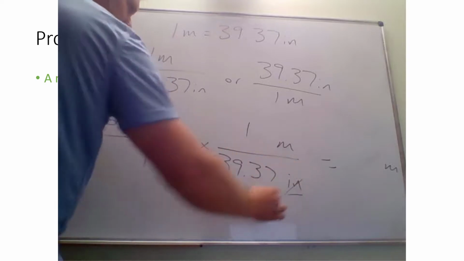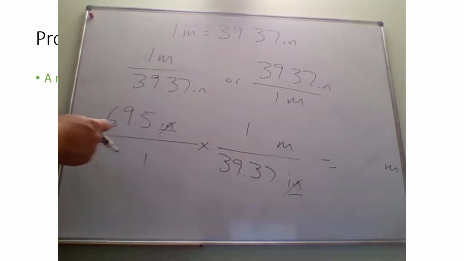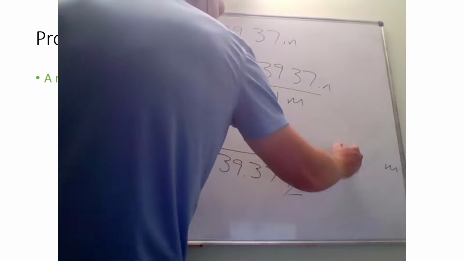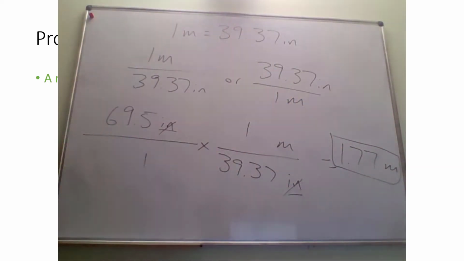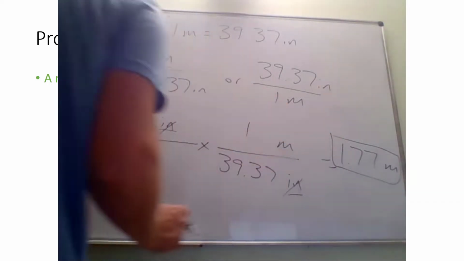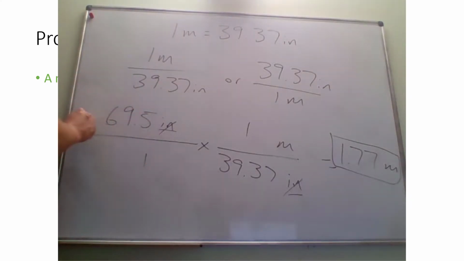Our inches cancel out, and we get our final answer, 1.77 meters. Our final answer has 3 significant figures, because our measured value that we started with also has 3 significant figures.